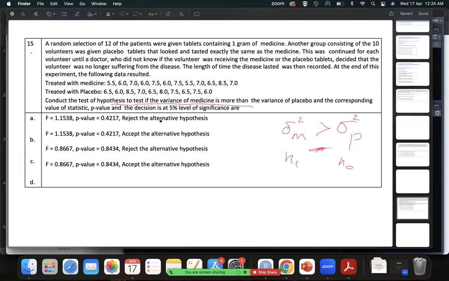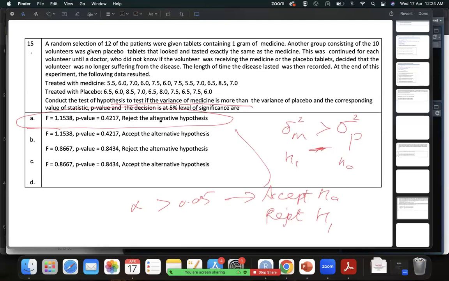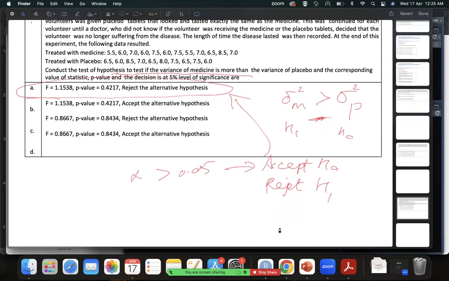So you reject your alternate hypothesis. So option A is your correct answer here. Like alpha is greater than 0.05, so accept H0, reject H1. So that's why you have this. Yeah, this is the answer to this question. Yeah, so that's all.